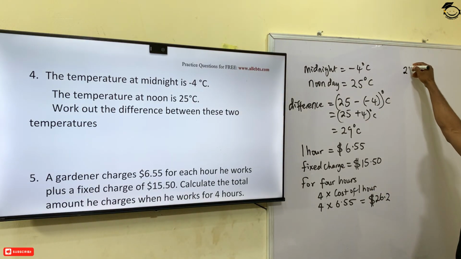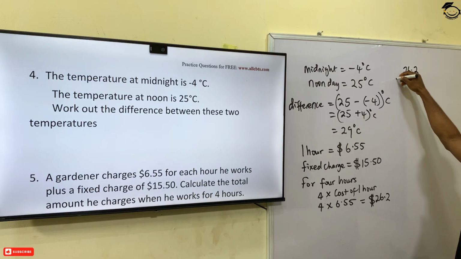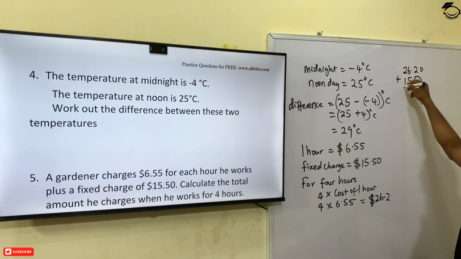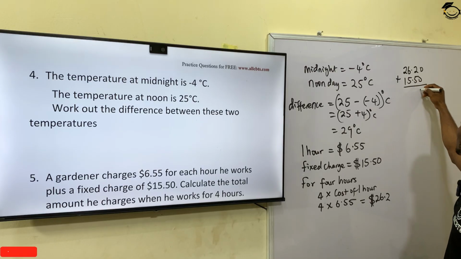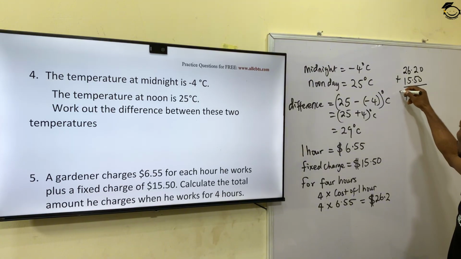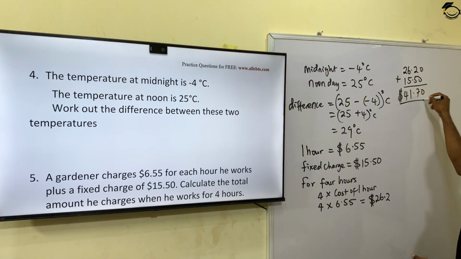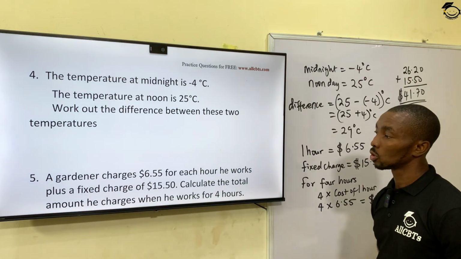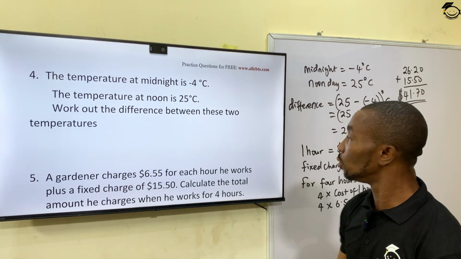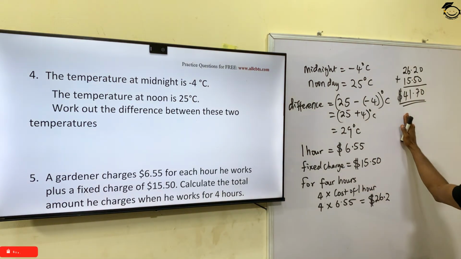So this becomes 26.2 plus 15. Okay, so this will give us $41.7. So his total cost for 4 hours would be $41.7.